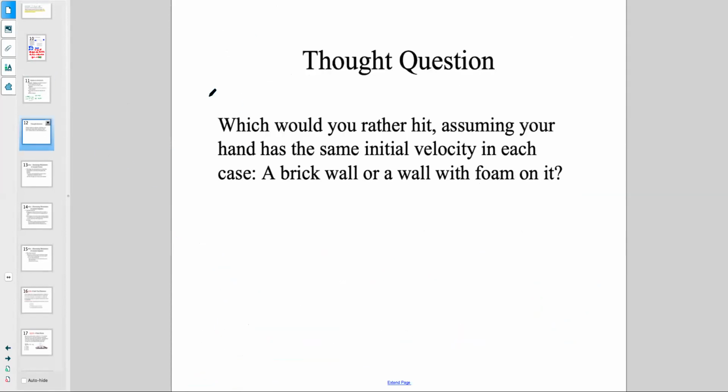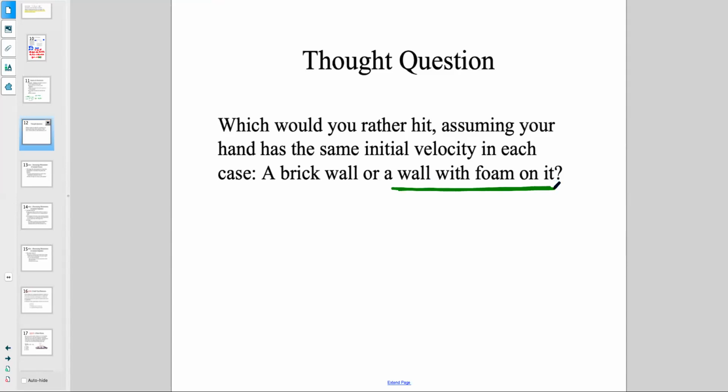So let me give you a thought question here. Which would you rather hit, assuming your hand has the same initial velocity in each case: a brick wall or a wall with foam on it? Think about it. Obviously, all of you will say the wall with foam on it, and that's the correct answer.